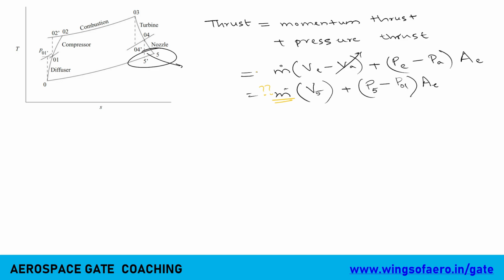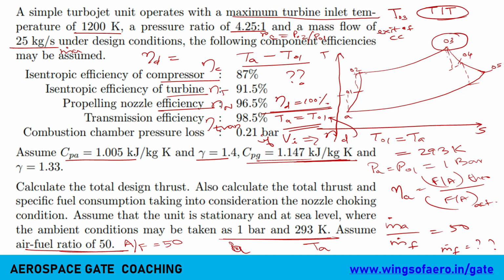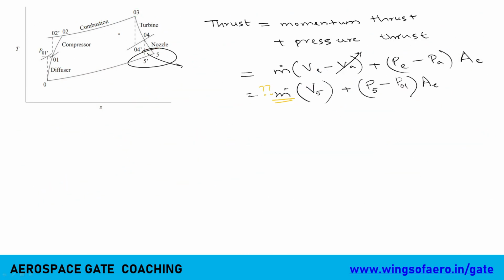In the question, I think they have given it. See here, 25 they have given. So this is given. Now V5, whether you have V5, you need to find out V5. Now we have to find V5, so I will show you how to find it out.